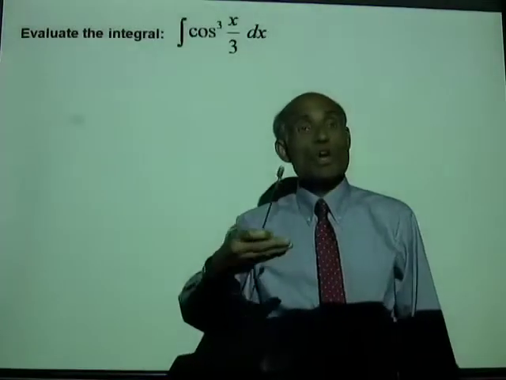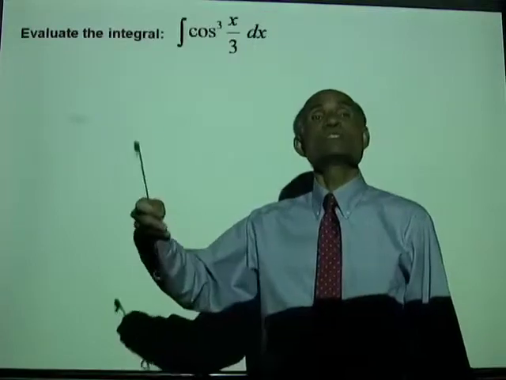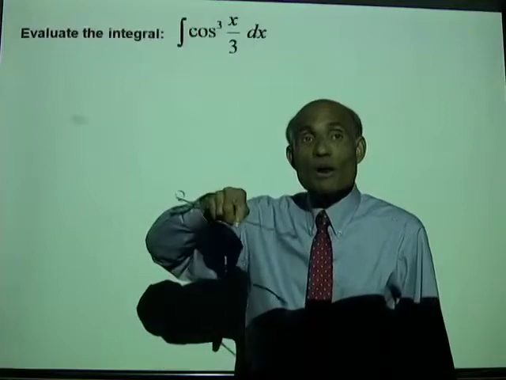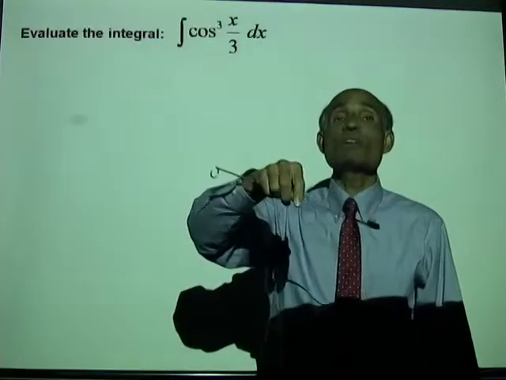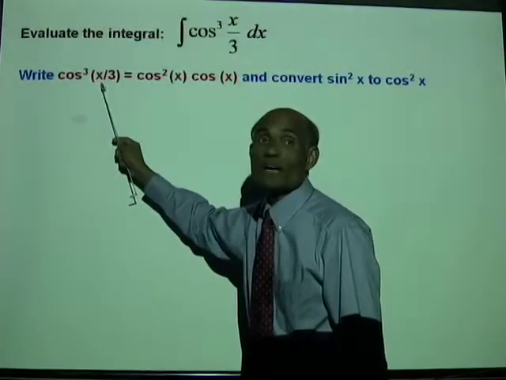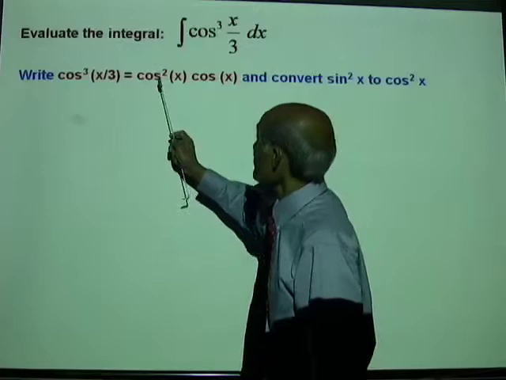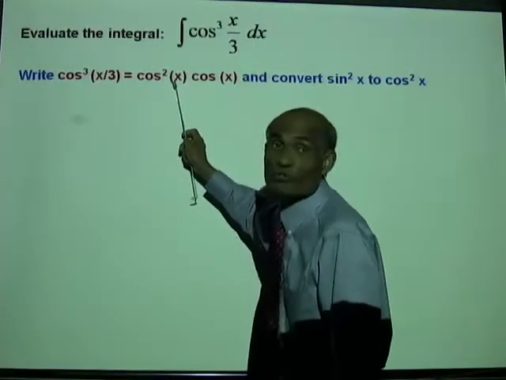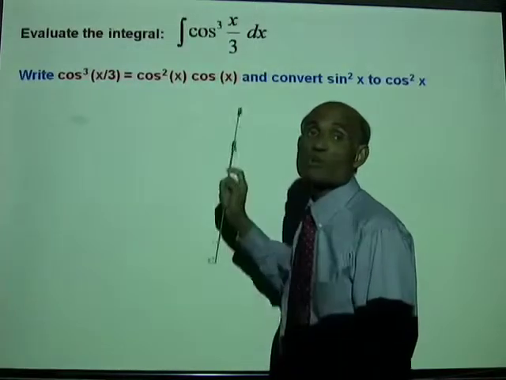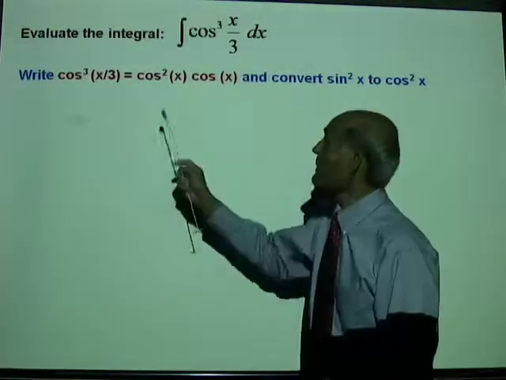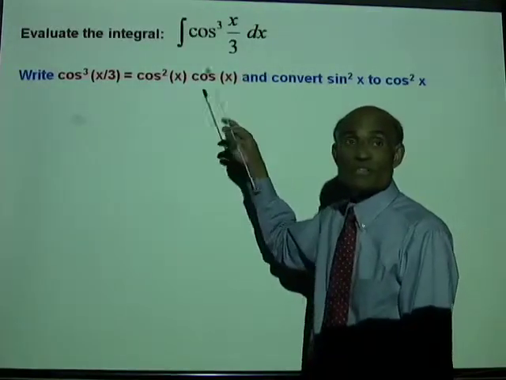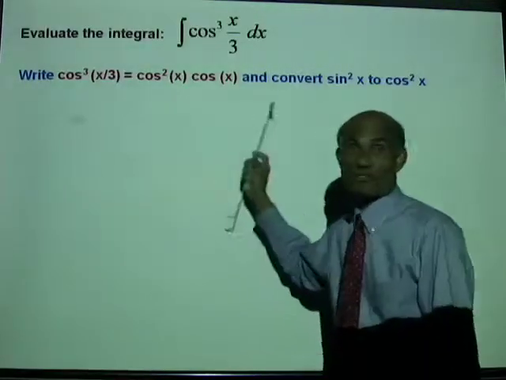Write it as cos squared x over 3 times cos x over 3, and then change the cos squared x over 3 in terms of sine squared x over 3. So we write cos cube x over 3 equal to cos squared x over 3. I omitted that here. It must be cos squared x over 3 times cos x over 3. And then convert the cos squared x over 3 to sine squared x over 3.